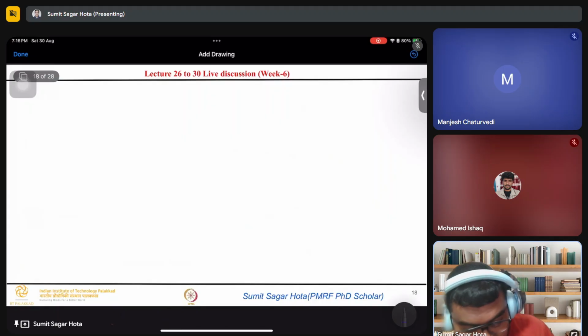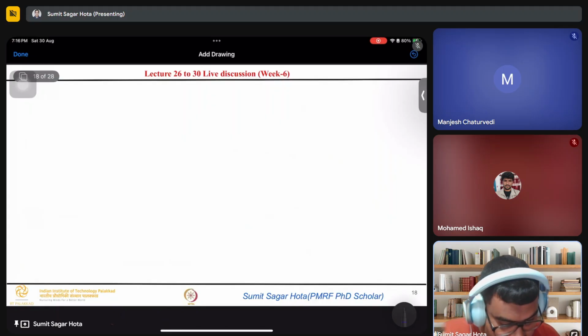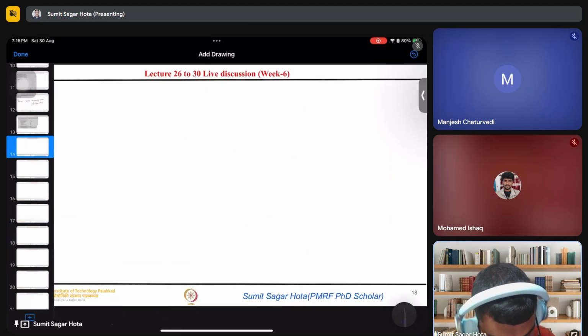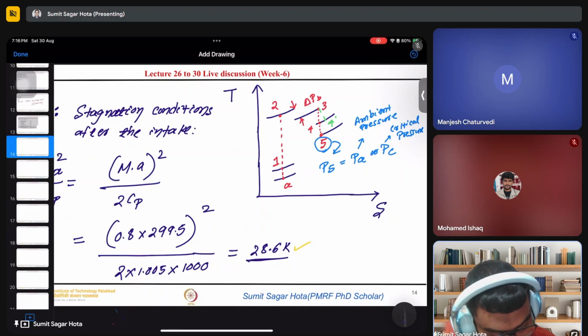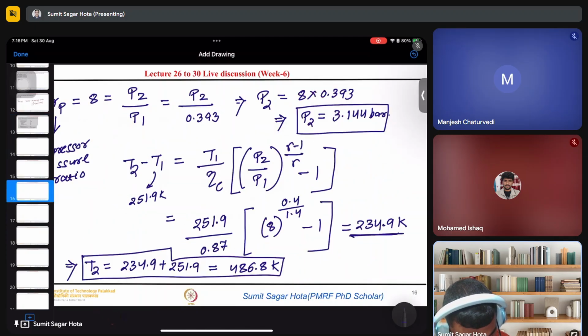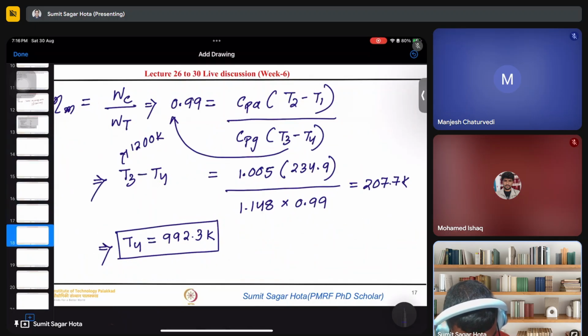So now how to find P3? If you see in this expression, we have a pressure loss between 2 to 3, with a value of 4% of compressor delivery pressure, which acts as a combustion pressure loss.